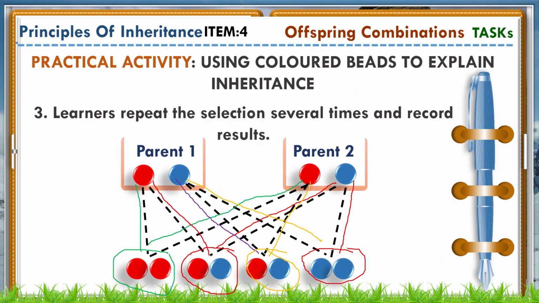So there is this possibility of forming these offspring. This gamete can freely combine either with this one or with this one, and this gamete can randomly combine with this one and with this one. And these are the resulting offspring that we are going to get.